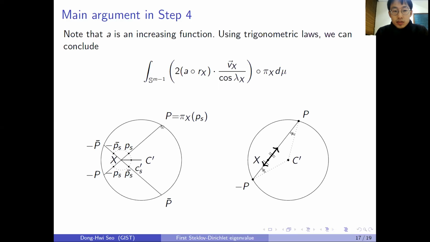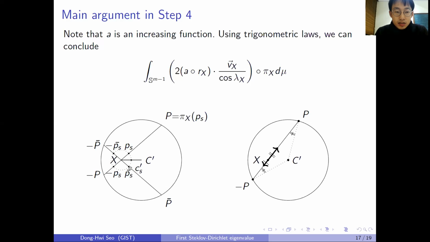Given a point P in the boundary of the outer ball, we define small p sub s in the unit tangent sphere at X. And it is defined by the projection map from X, and it satisfies that the image of the projection map at small p sub s is P. Also, in a similar way, we can define small c sub s prime from the point C prime, the center of the outer ball.